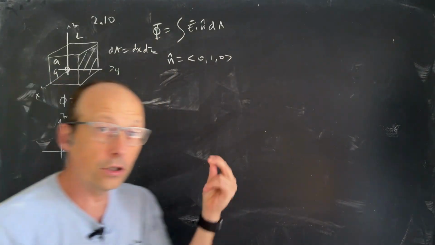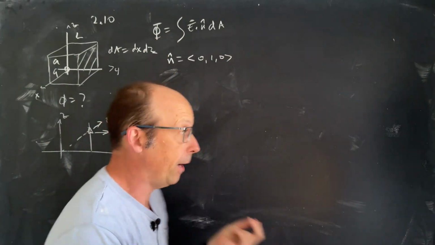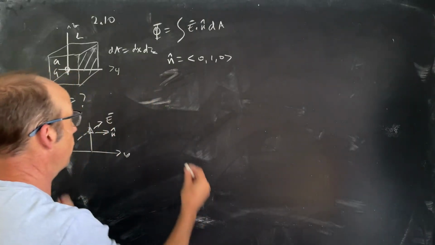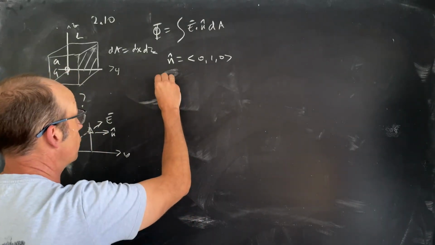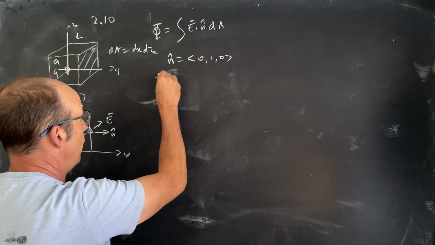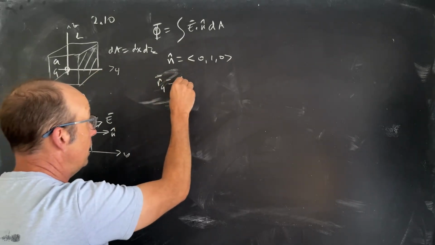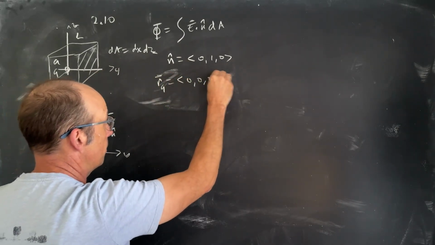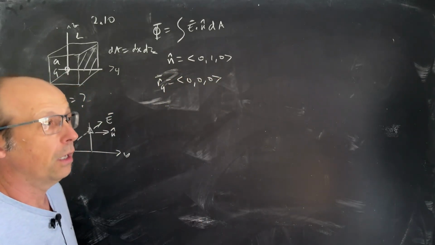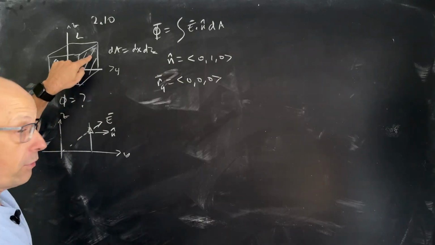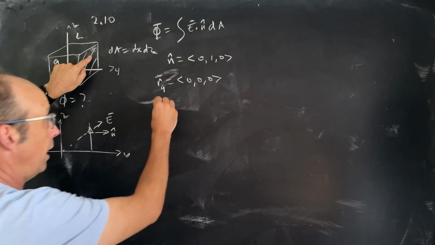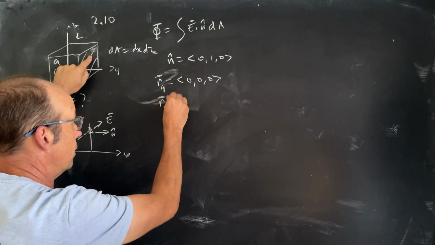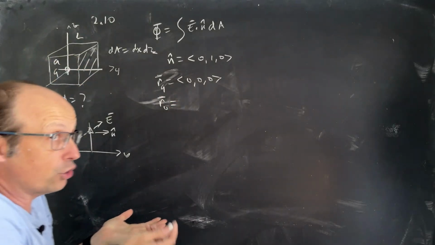So we're going to do what we've done the whole time, and that's to follow the following recipe. So first I'm going to write r_Q, the vector location of the charge. It's at the origin. Okay, so that's not that hard. Now, what's the vector location of a point up here? I'm going to call that my observation location. There's a whole bunch, but I'm just going to call it generically.